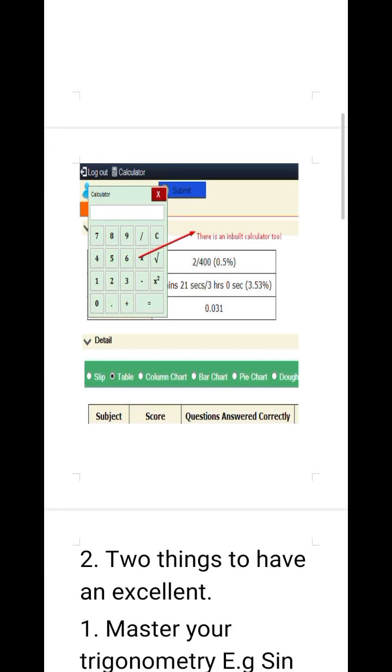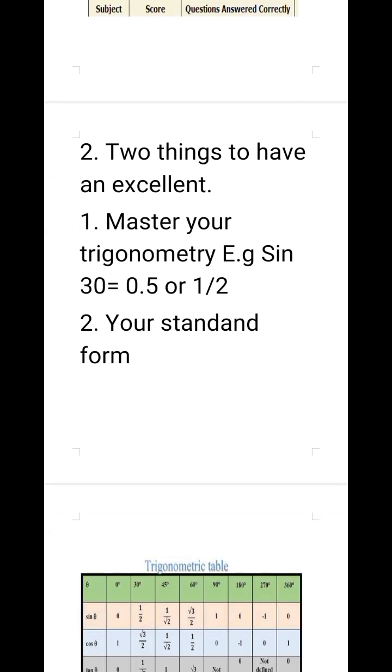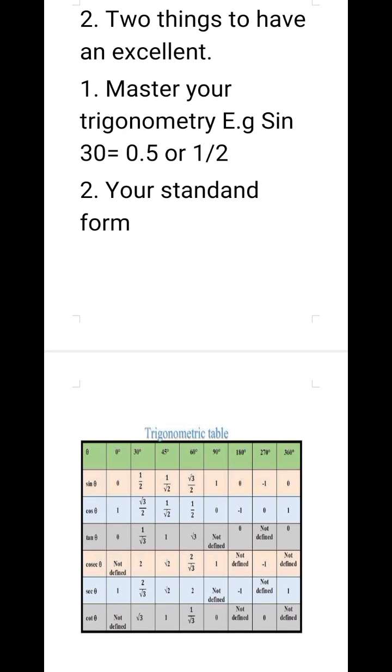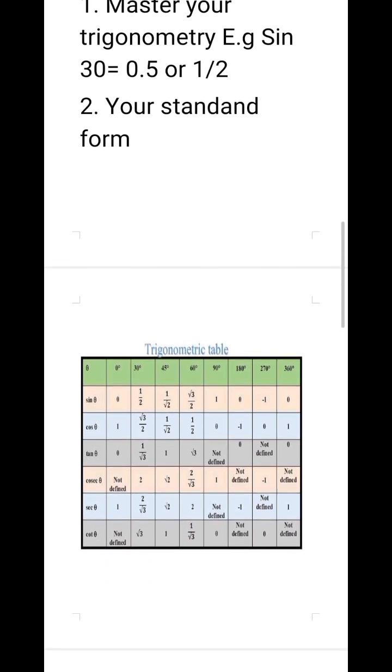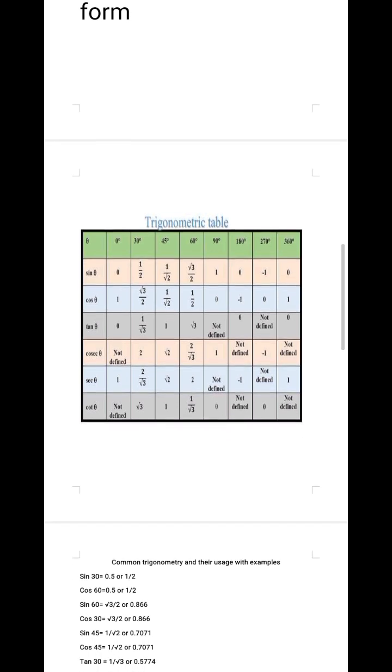accounting. Now, two things to have an excellent result. One is you have to master your trigonometry table, e.g. sin 30 equals 0.5 or 1/2, and your standard form, which is very, very important. You can see the table here in the video.